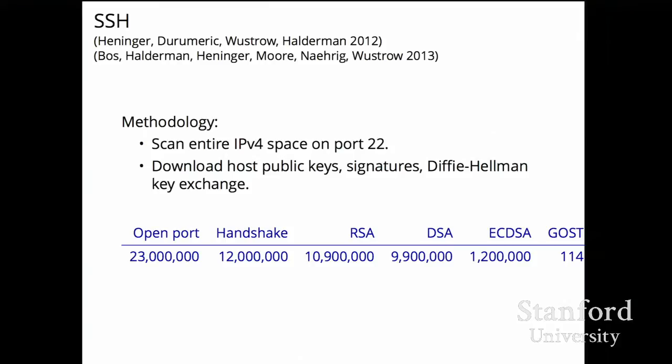Of that, about half of them will actually successfully complete a handshake, and you get 11 million RSA host keys. These are the keys that are used to verify the fingerprints. 9.9 million DSA keys. You can see these add up to more than the number of handshakes because most hosts will give you many different kinds of host keys. You can choose which one you want. 1.2 million ECDSA keys. This has gone up since also. And 100 GOST keys.